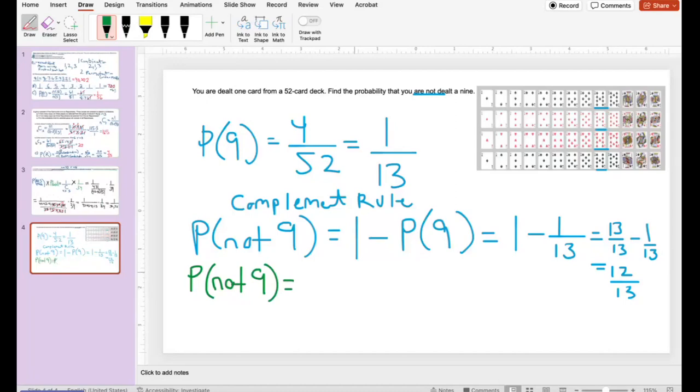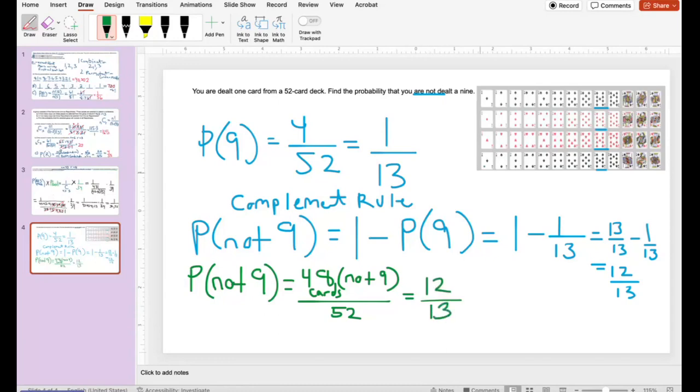So probability not 9 is going to be all the other ones. So that's going to be 48 cards, right? Not 9s, divided by the total. But then when you reduce this, this actually reduces by 4 to 12 over 13.